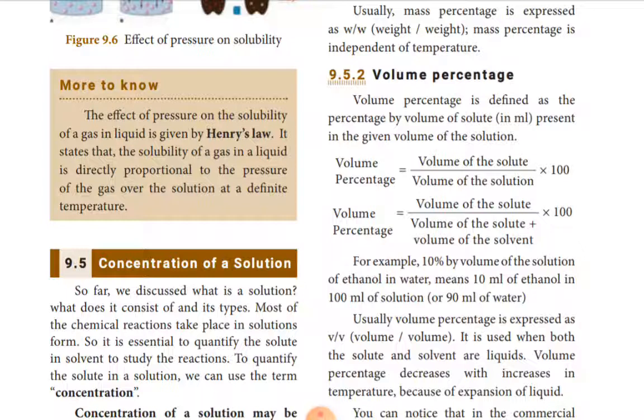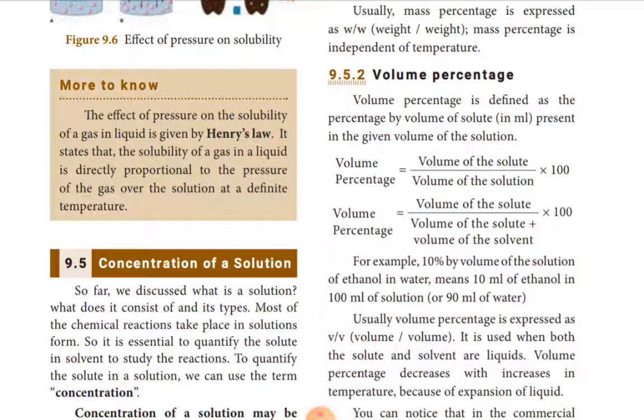So volume percentage is equal to volume of solute by volume of solution into 100. Also we can write volume percentage equal to volume of solute divided by volume of solute plus volume of solvent, since the solution is formed by the combination of solute with solvent.